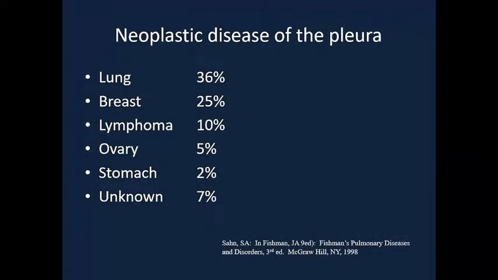So if we look at neoplastic diseases of the pleura, the commonest would be, depending on the gender, obviously, in our setup, the commonest would be breast. If you're looking at it in general, it would be lung, and then lymphomas, ovarian, stomach, and then unknown.